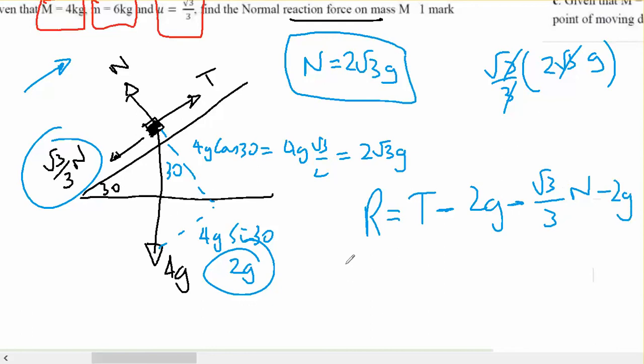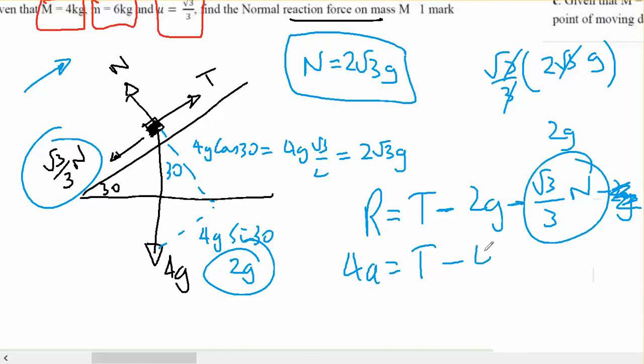And I have 4 times a equals T minus 2g minus 2g, so minus 4g. So that's equation number 1.